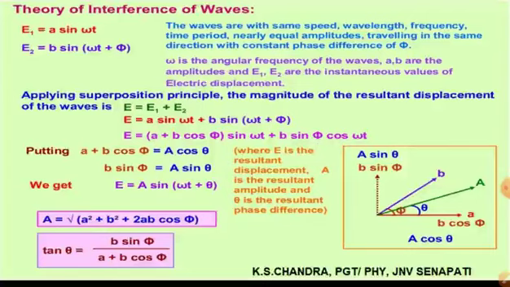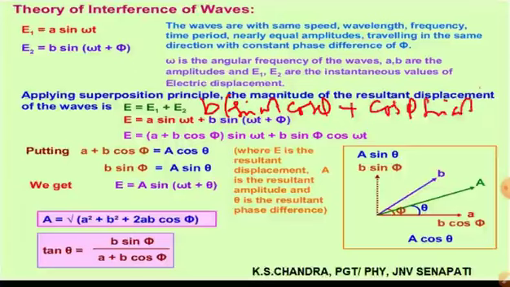Now this B sine of omega t plus phi, if you express it, then it will be what? B times sine omega t cos phi plus cos omega t sine phi, like this, no? Then you try to associate those having sine omega t, one here and another here. Got it? So what happens if you take sine omega t common from this expression?